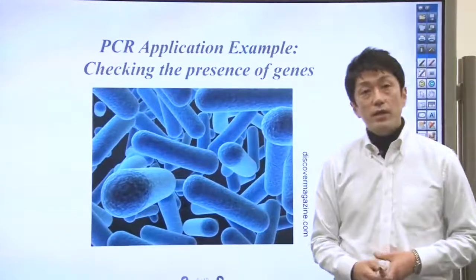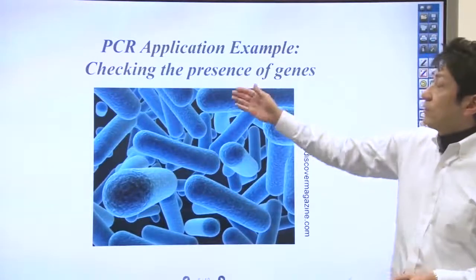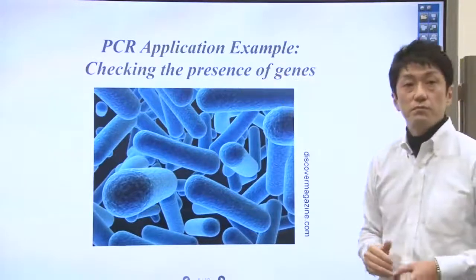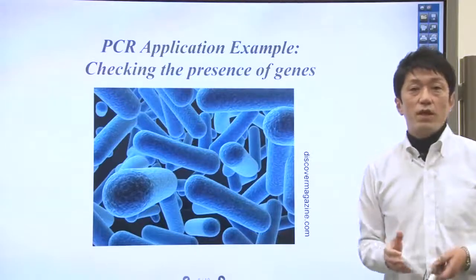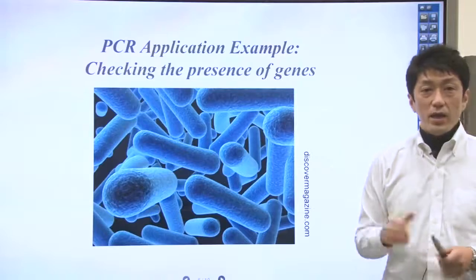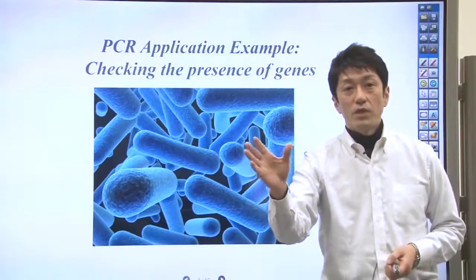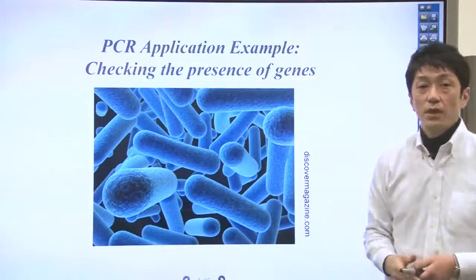So I'll tell you another example of PCR application, checking the presence of genes. Let's assume that one of you is infected with bacteria. I will take a small amount of saliva from each of you and perform PCR.